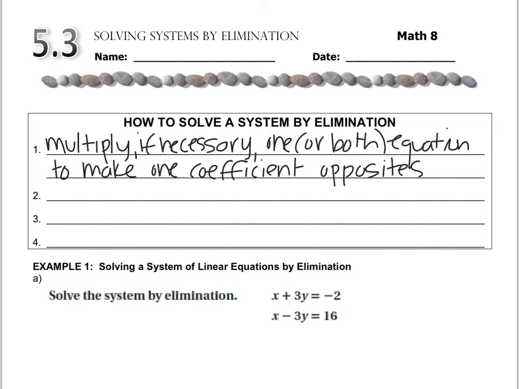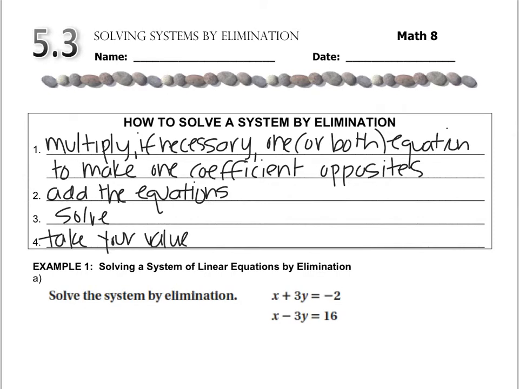The second step is to then add the equations. The third step is to just finish and solve. And the last step is to take the value you have and plug it in to get the other number.